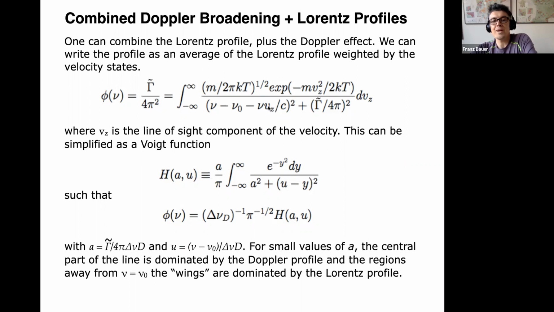A is here, and u is this profile divided by the Doppler velocity. If A is small, the central line is dominated by the Doppler profile, and the regions away from line center, basically the wings, are dominated by the Lorentz profile.